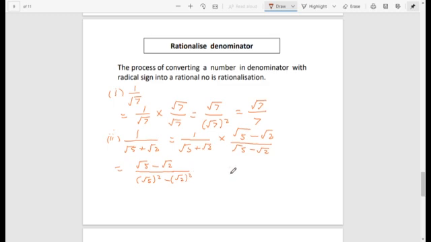We know that if in a bracket a plus b is there, in another bracket a minus b is there, we can get a square minus b square. So this gives us 5 square means 5 and root 2 square means 2. So 5 minus 2 is equal to 3.